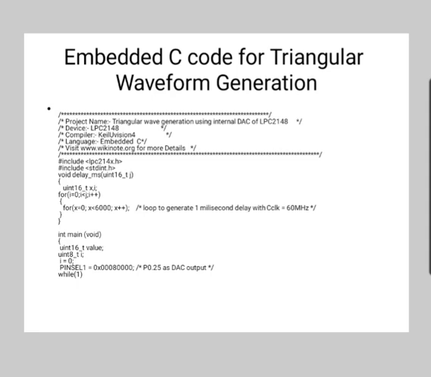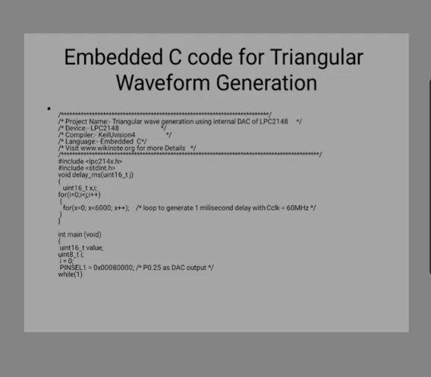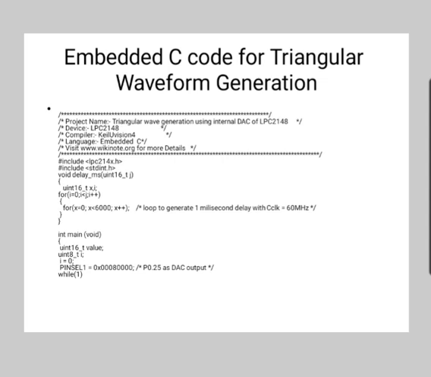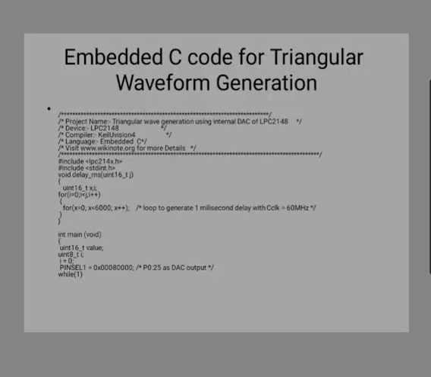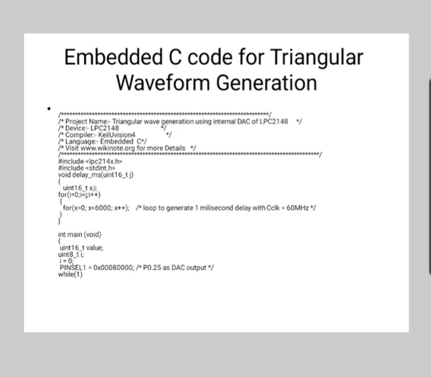It generates a 1 millisecond delay with 60 megahertz frequency. So this is the embedded C code for the triangular waveform generation.